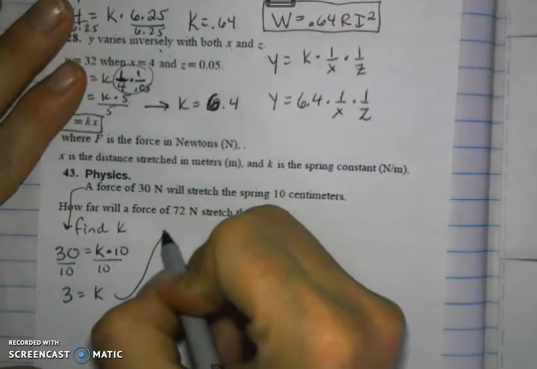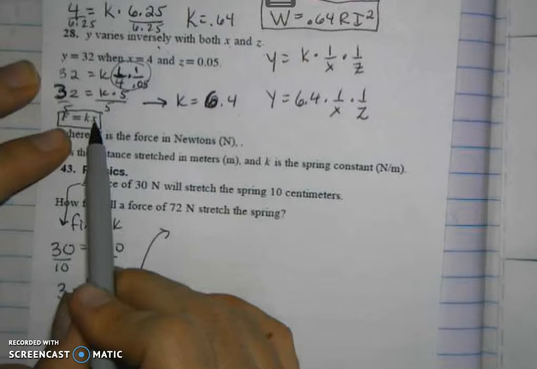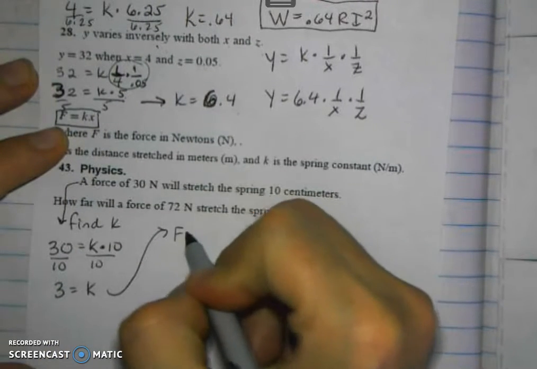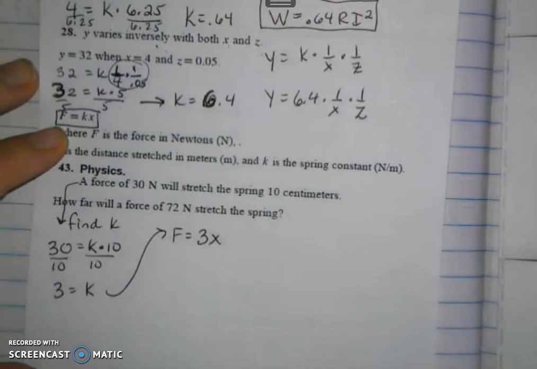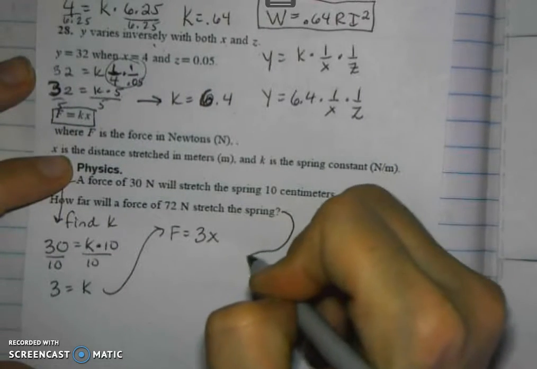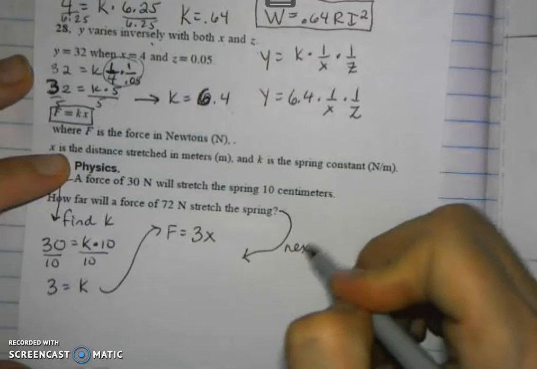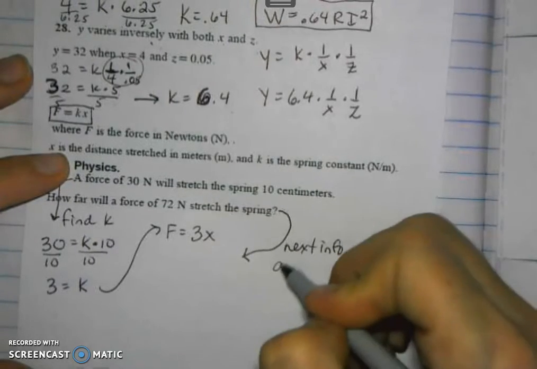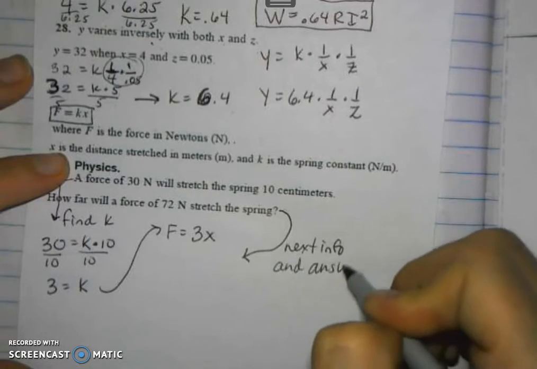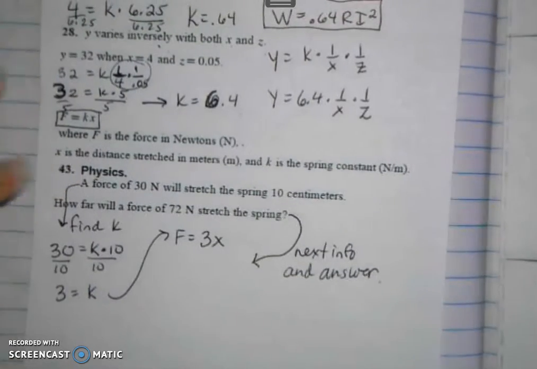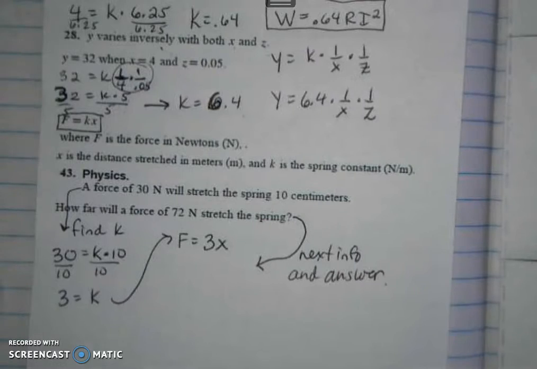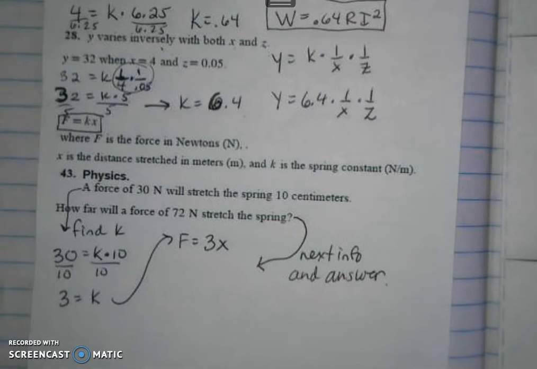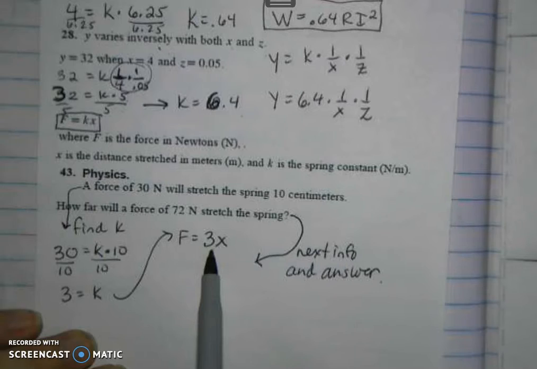So now this is the equation we need to use for this spring. Once you decide the equation, then you actually put in the next information and answer the question. Okay, so it's not proportional, it's direct variation, and without the constant, you can't solve the problem.